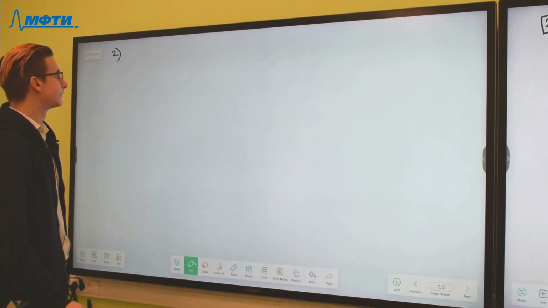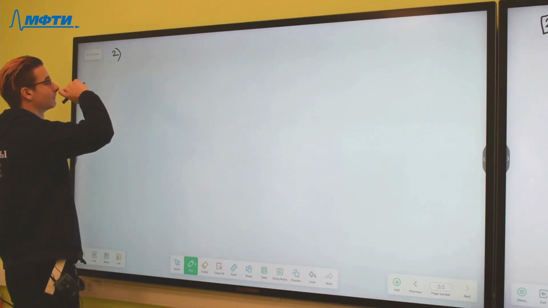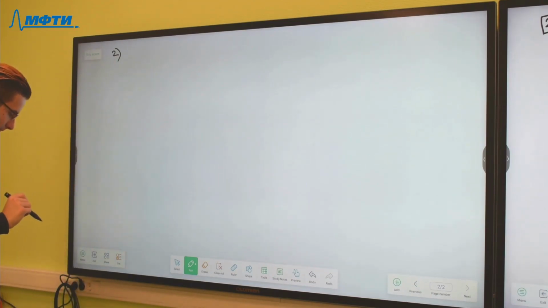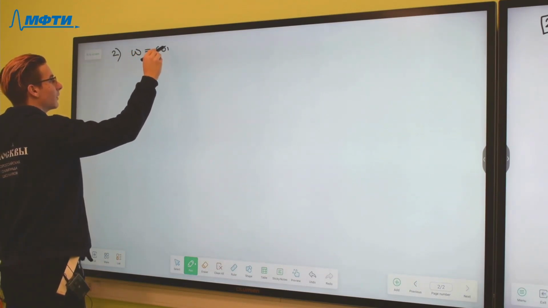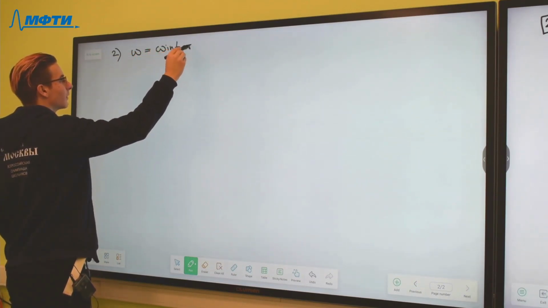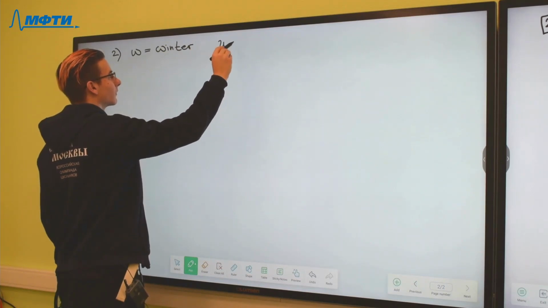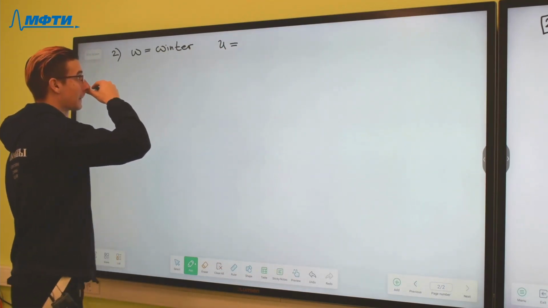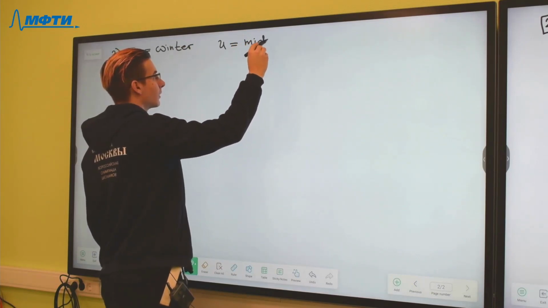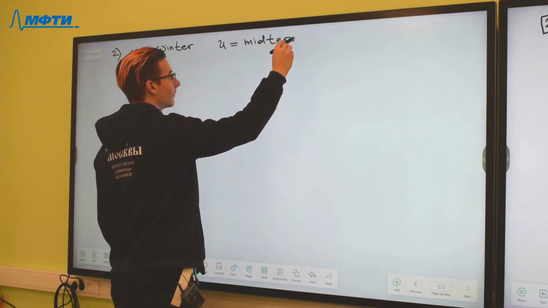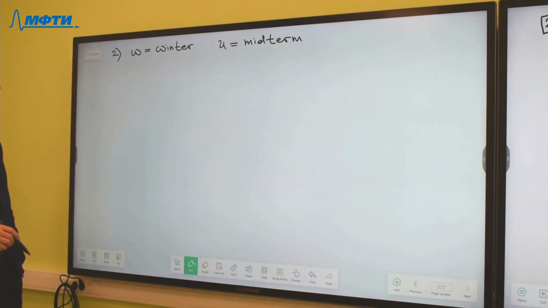For example, winter and midterm, between these two words.